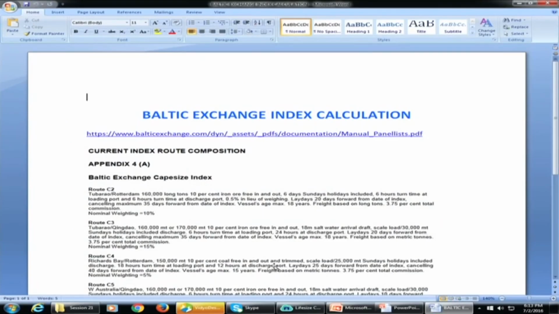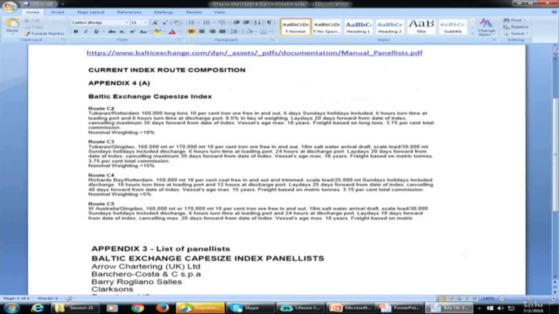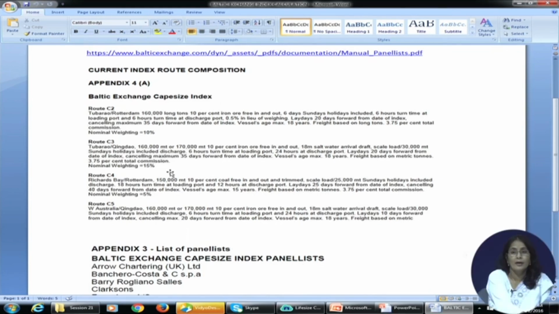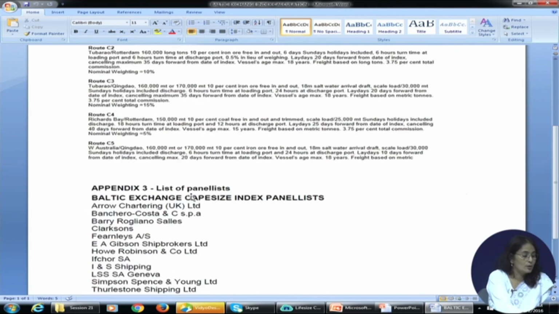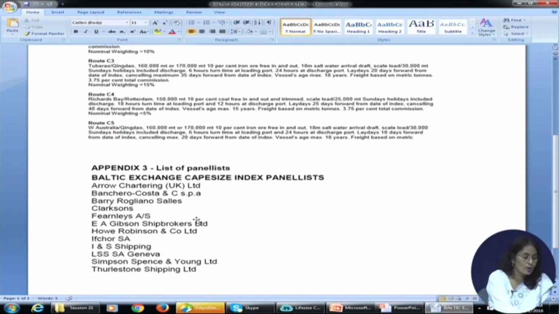If you recall, we discussed that for a particular index you will have different routes which have been identified by the index committee. Besides the routes, the actual price quotation, that is the rate at which shippers and charterers are renting out ships on these routes, is collected from the ship brokers.